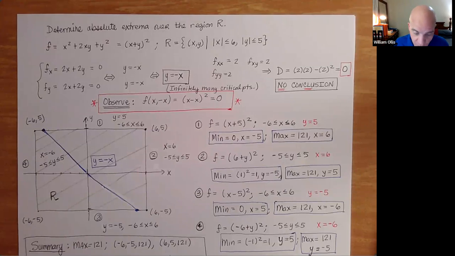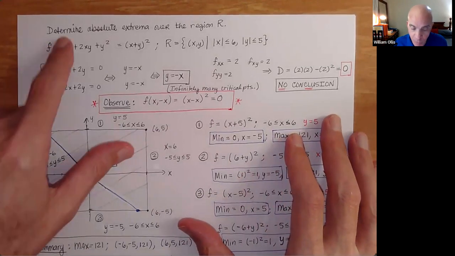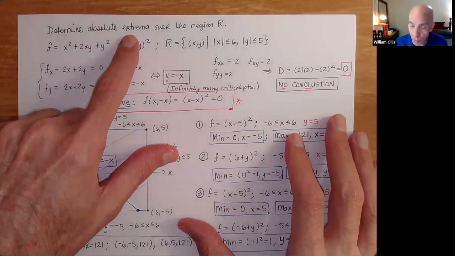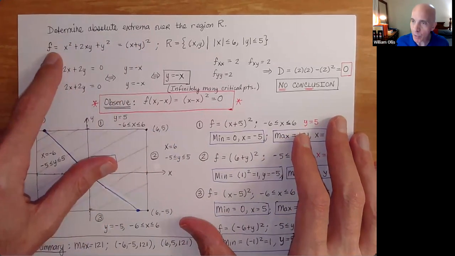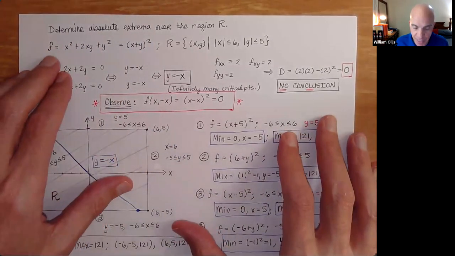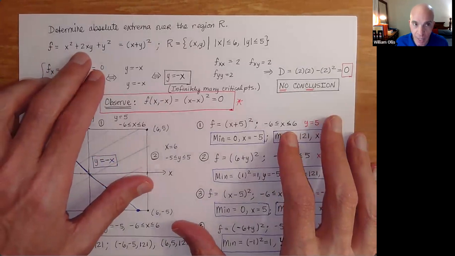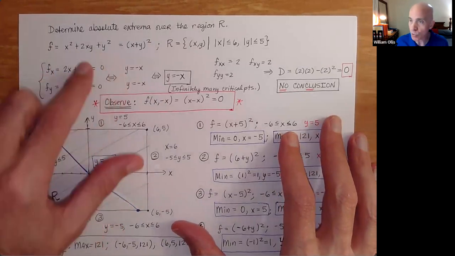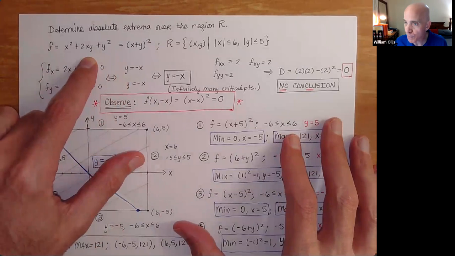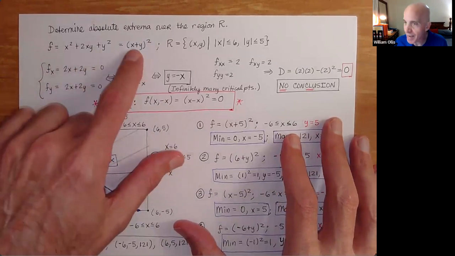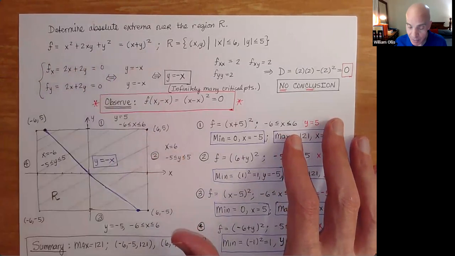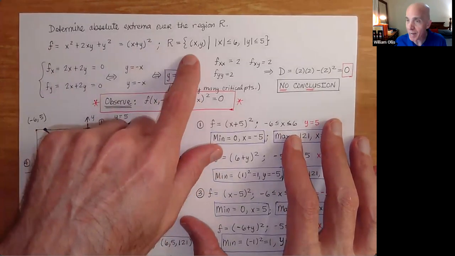So for this particular example, we have determine absolute extrema over the region R, and we have a very symmetric function. f is x squared plus 2xy plus y squared, but that, of course, from algebra 1 is just a perfect square. And so that's going to have an impact on our analysis. And the region is a rectangle.